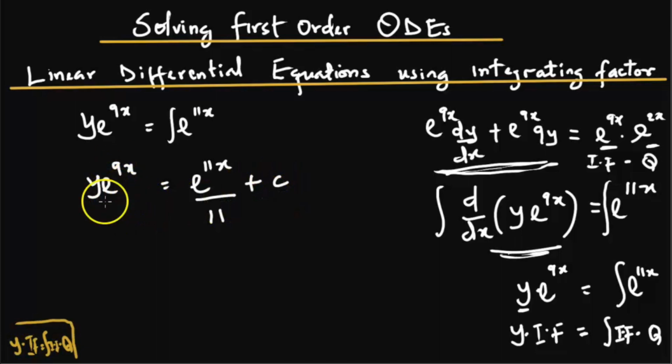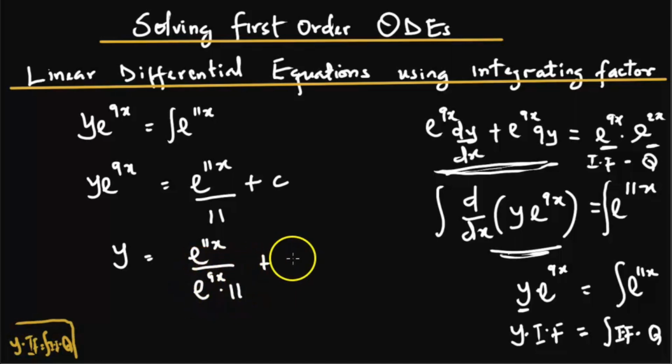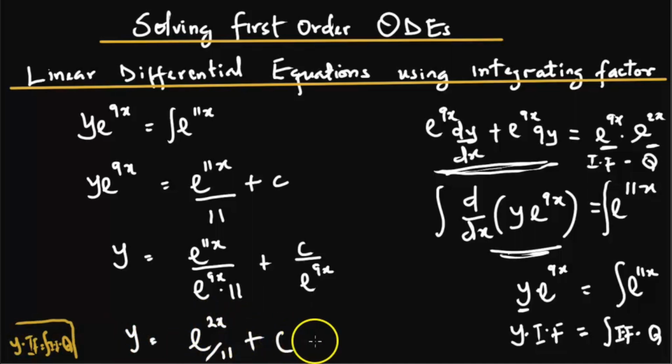So we can divide through by e^(9x) to have y equal to e^(11x) over e^(9x) times 11 plus c over e^(9x). Okay, so y becomes e^(2x) over 11 plus c e^(-9x), and this is the final answer to the question.